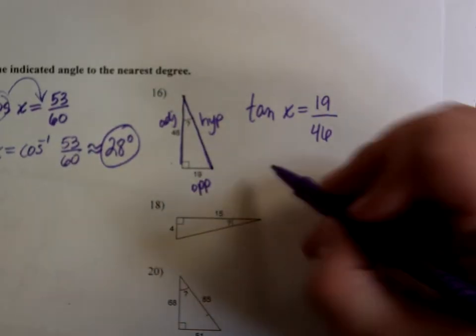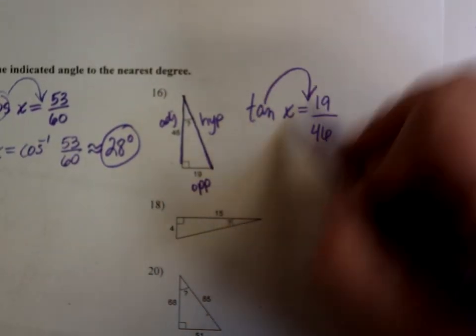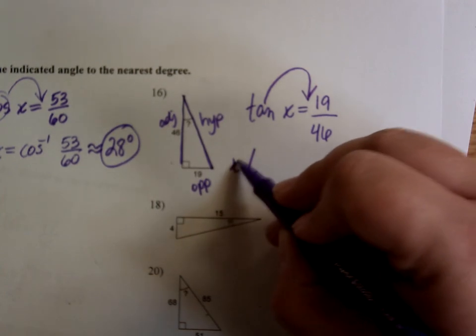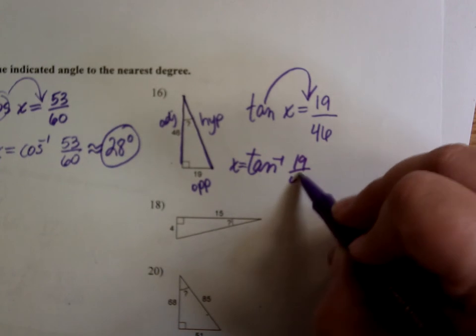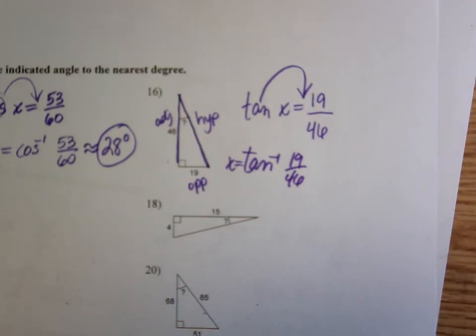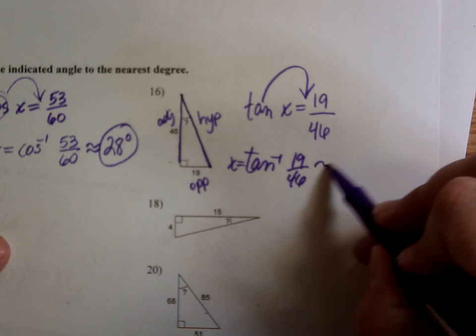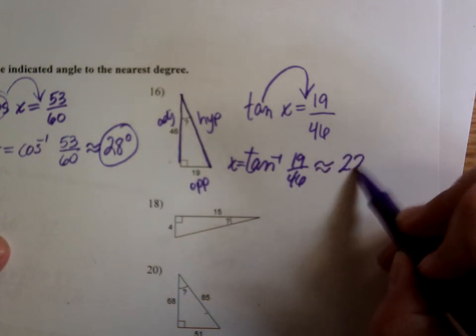If I want to find the x, I've got to take the tan away from it. So x equals inverse tan of 19 over 46. So inverse tan, that's second tan, 19 divided by 46, is 22 degrees.